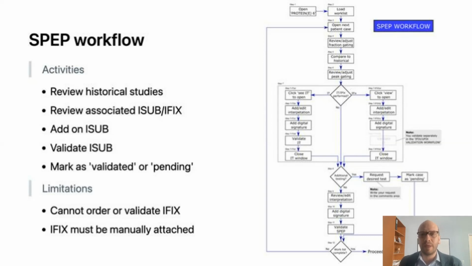So this starts with the pathologist opening the module within Phoresis, loading a work list, and opening a patient study. They are able to review the fraction gating and adjust it if necessary. And then really one of the aspects we love about this process is that they're able to access and directly compare the current electropherogram with all historical results with a direct overlay.